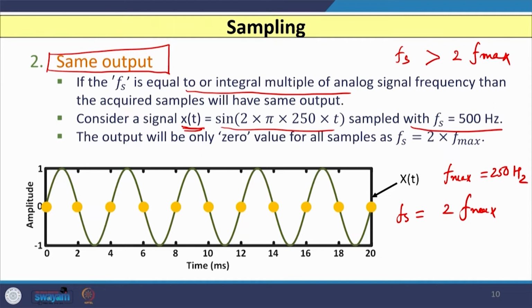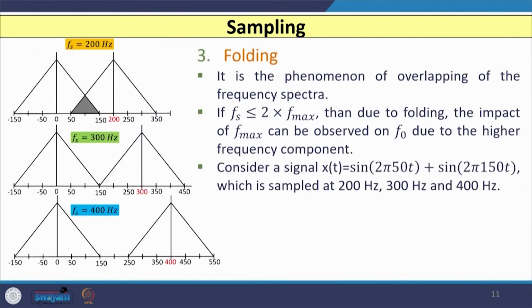In this case, you can see from this waveform that you will have the 0 value for all samples you acquire. So, this is also an important phenomenon, and that is why we need to consider the Nyquist criterion while selecting the sampling frequency of the acquired signal.